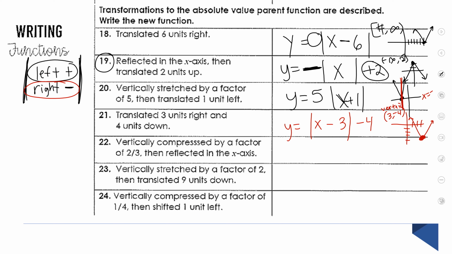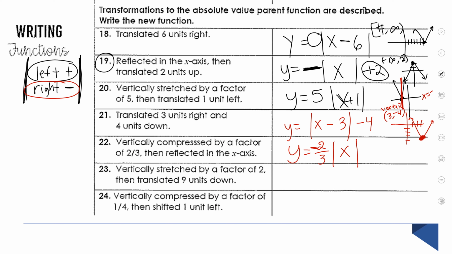Okay, let's do number 22. It's vertically compressed by a factor of 2/3. So that means in the front, I'll have 2/3. Did I go left or right? No, so I just have an x in there. Did I go up or down? No, okay. Then reflect across the x-axis. That'll be a negative in the very front.